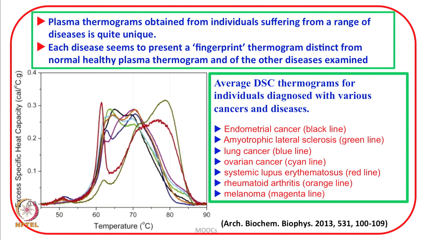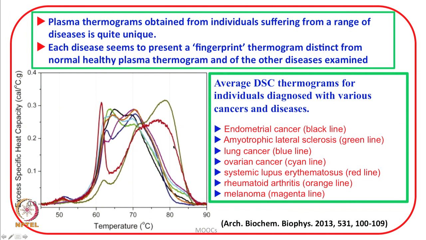The authors collected the samples from various different healthy human beings who had no disease listed in this table, varying from a minimum of 8 persons to more persons. The data presented here in the form of thermograms is average data.